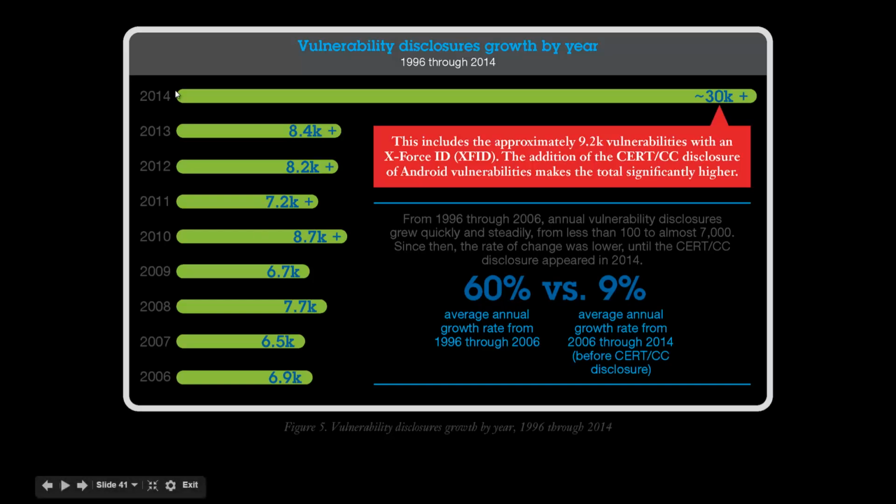However, in 2014, last year, CERT-CC was launched, and they started collecting vulnerabilities on all platforms, including Android, and all of the Android vulnerabilities that got dumped into this database bumped this number up significantly higher, up by 20 plus K for disclosures in 2014.